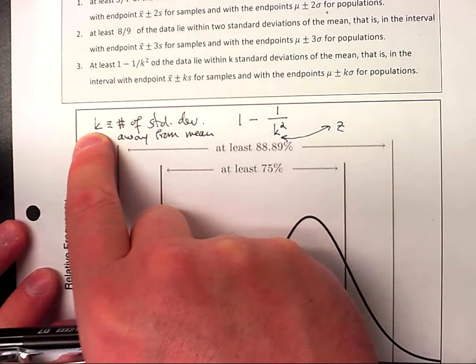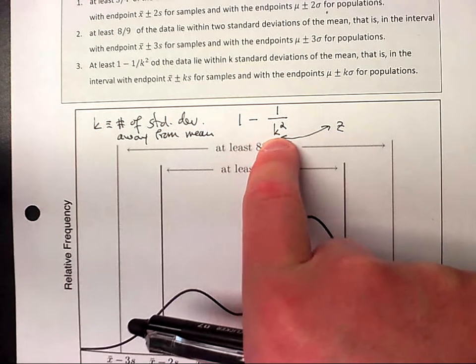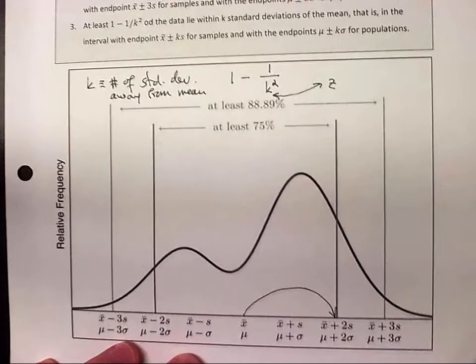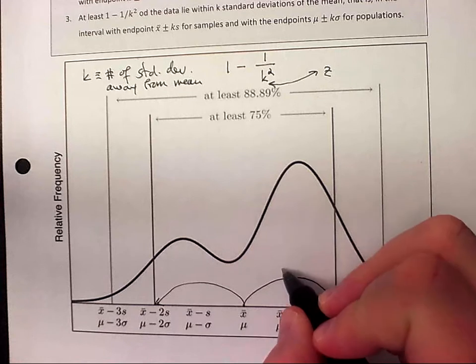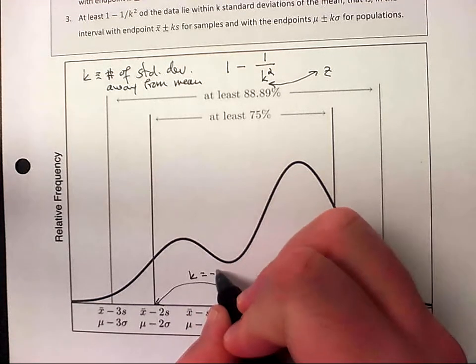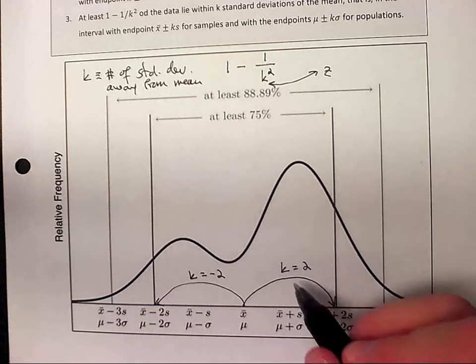And whatever that number is, we can plug that in for k. So if we go 2 standard deviations above the mean, and we go 2 standard deviations below the mean, then here k would be equal to 2, and here k would be equal to negative 2. Right, is everybody good with that?